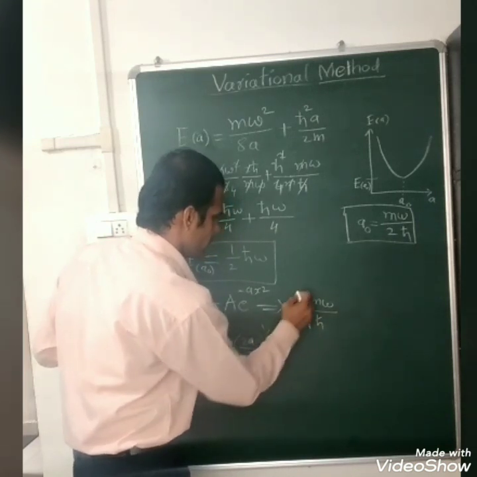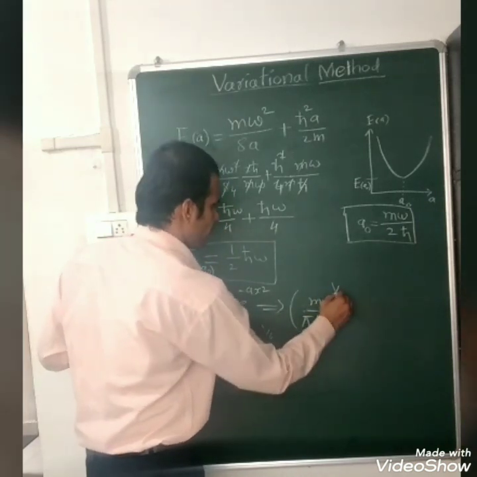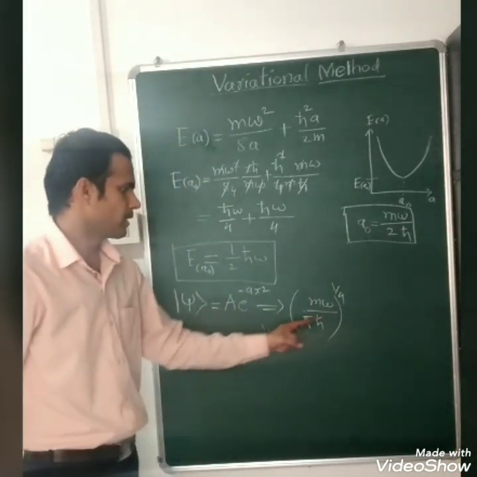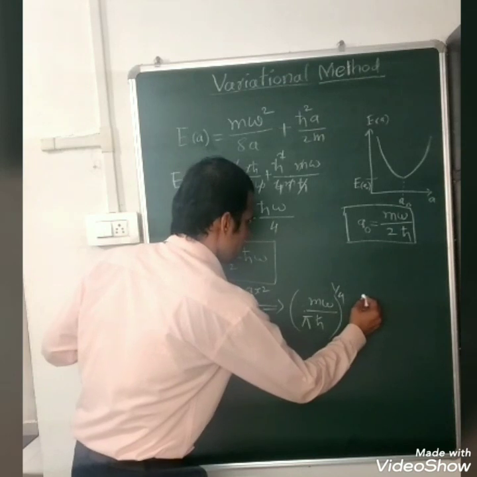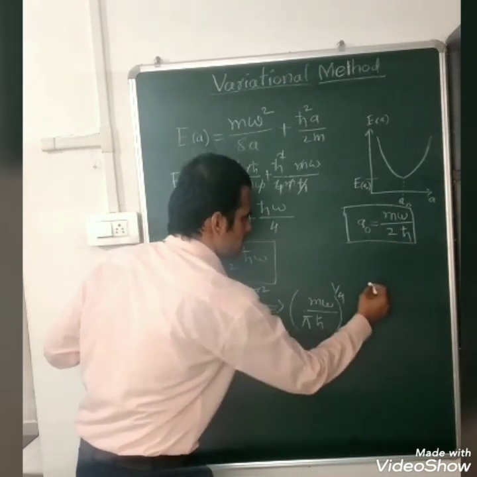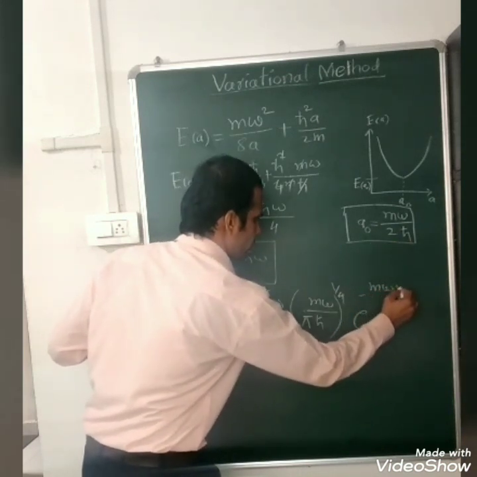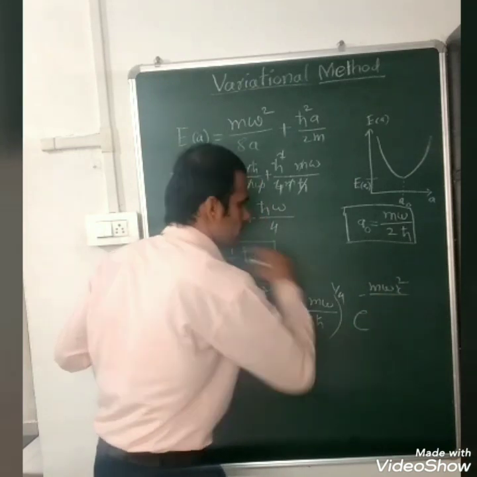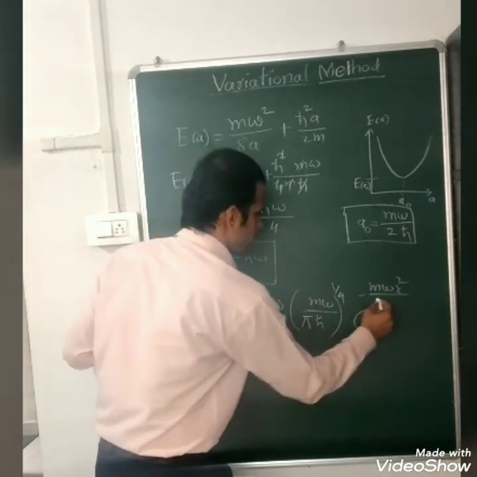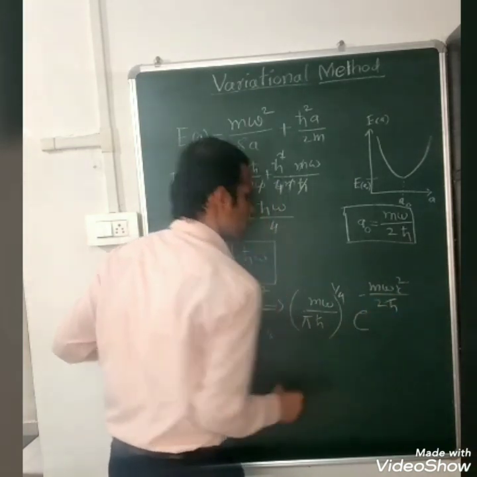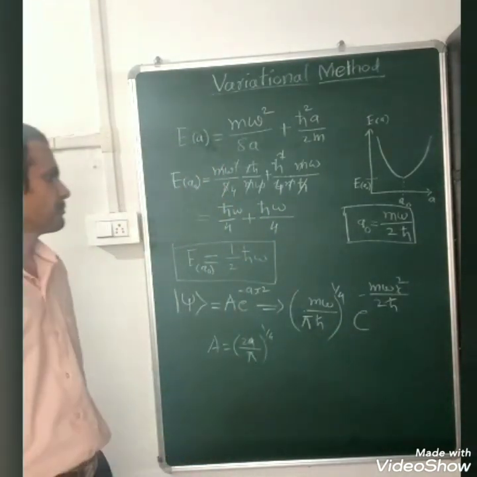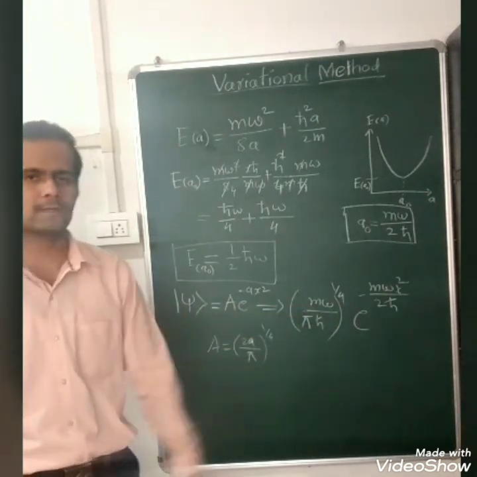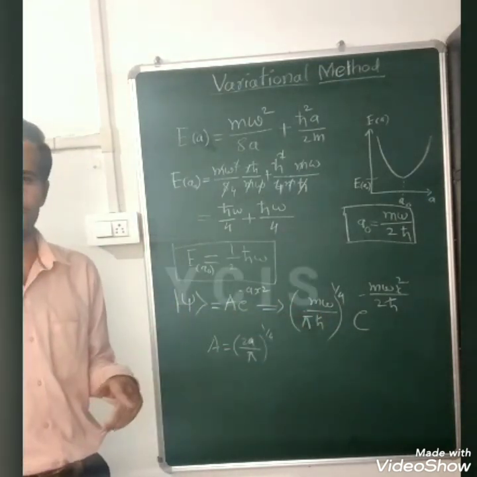So the remaining terms are m omega by pi h cross into e raised to minus m omega x square by 2 h cross. So this is the wave function for the ground state of the harmonic oscillator.